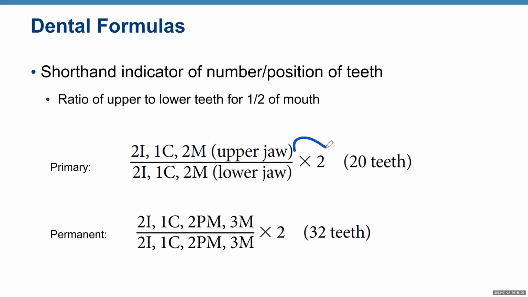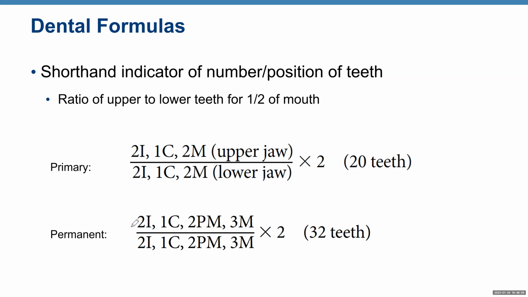So for the upper teeth, you have half and half. That's why you multiply by 2. The total gives you either 20 teeth if we're talking about primary, deciduous teeth, or 32 if we're talking about permanent teeth.